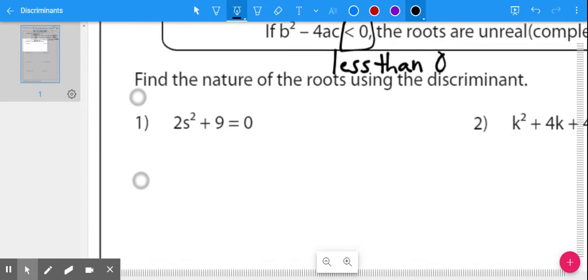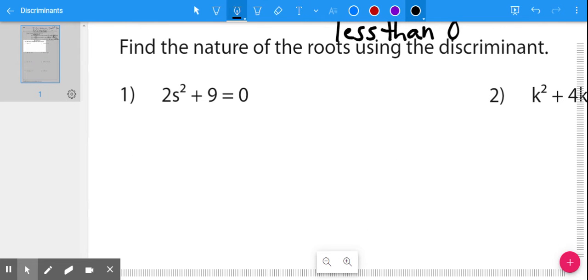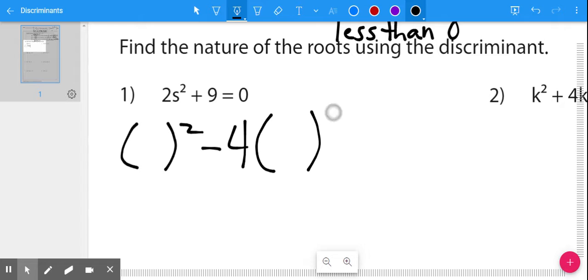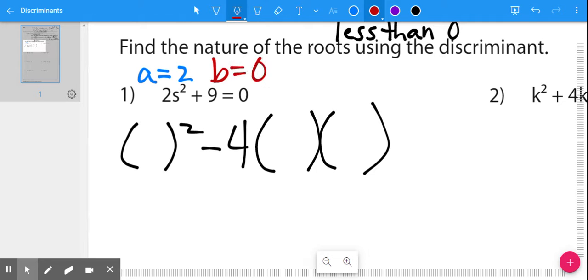So a few examples: we are doing b squared minus 4ac. Now we also have to identify what our terms are. A is always touching your variable squared, so our a is 2. B is always touching just the variable with exponent 1. There's not one in this one, so our b value is 0. And c is the number that stands alone, your constant.